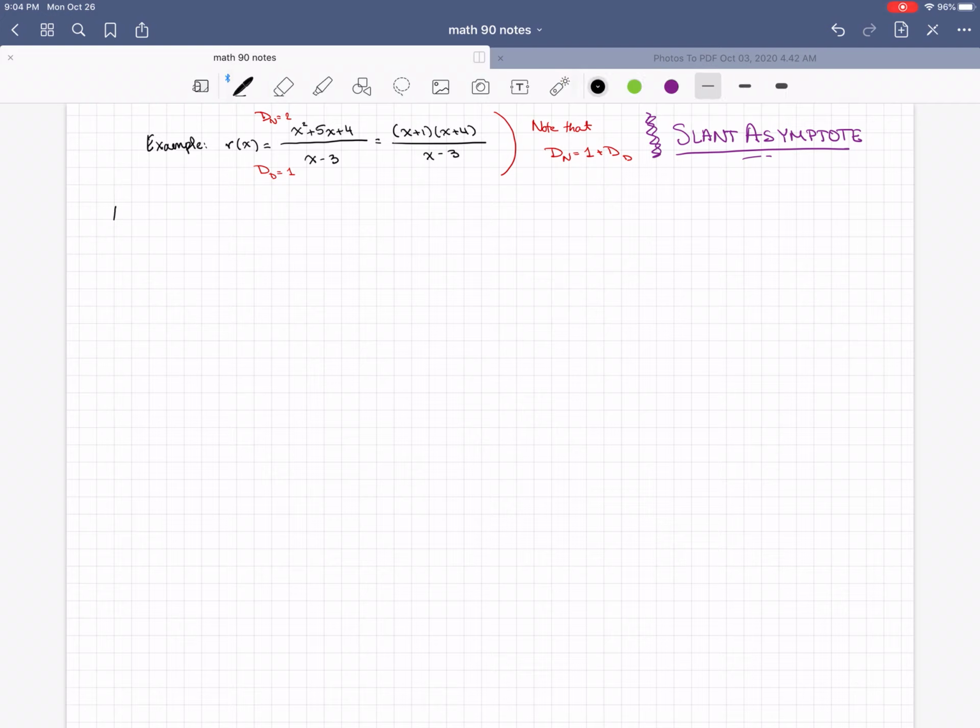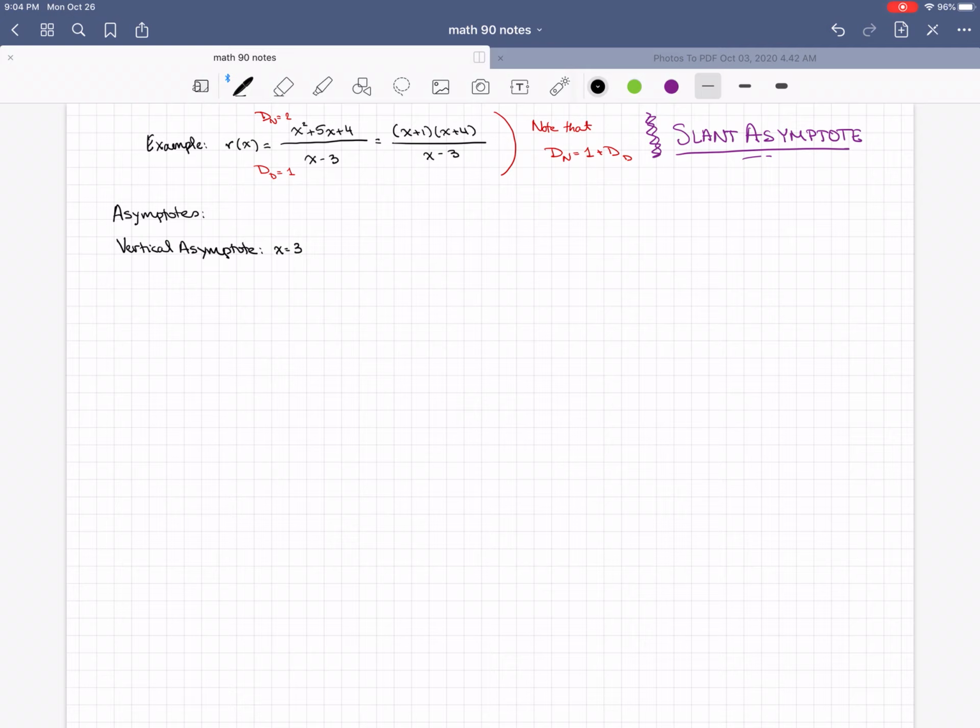Okay, so we're going to take the same approach that we always have. First, we'll talk about asymptotes. We see that there's a denominator here, x minus 3, and so that tells us that we have a vertical asymptote, just one, when x is equal to 3. So vertical asymptote, x equals 3.